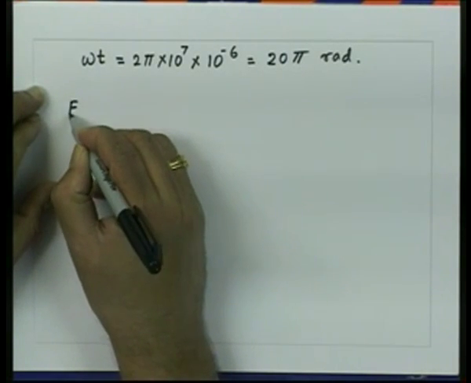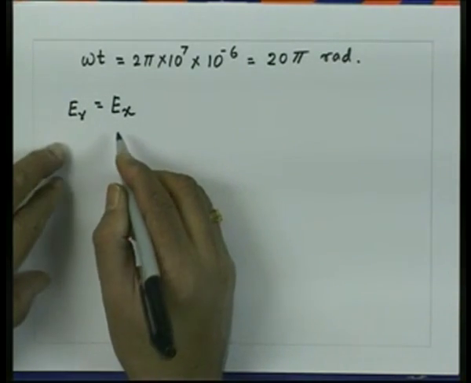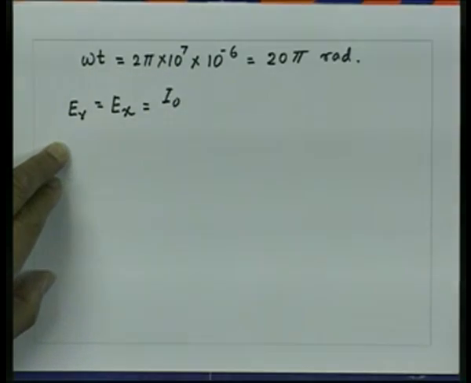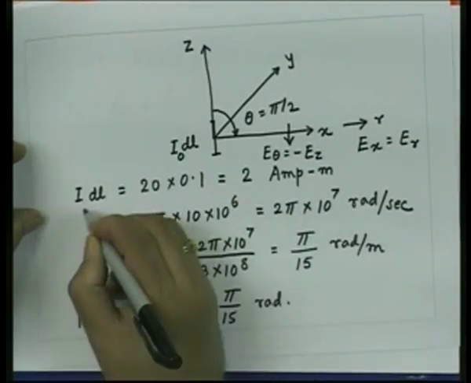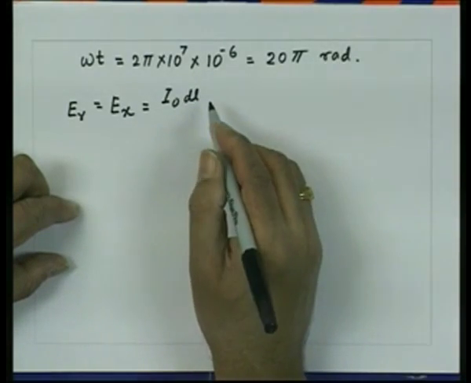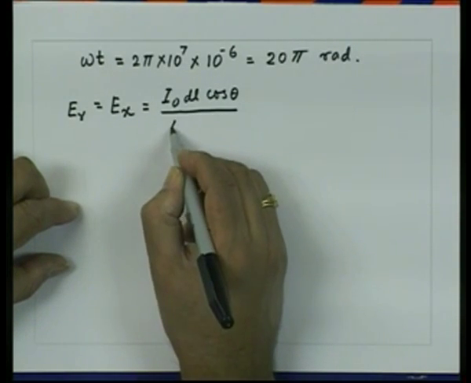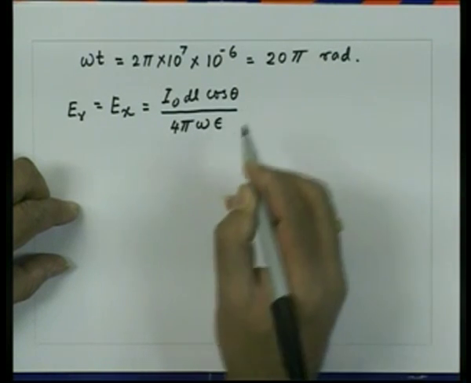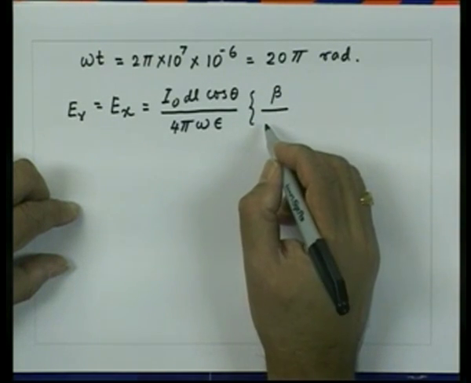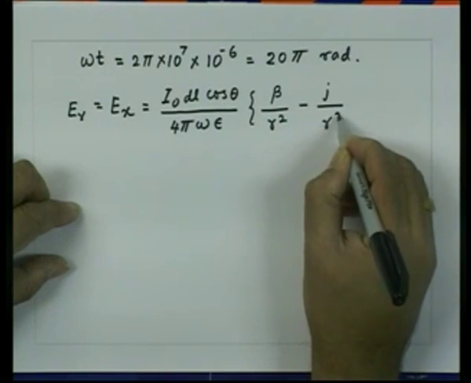We can get E r, that is same as E x in this case, which is equal to I 0 dl cos theta divided by 4 pi omega epsilon into beta upon r square minus j upon r cube.